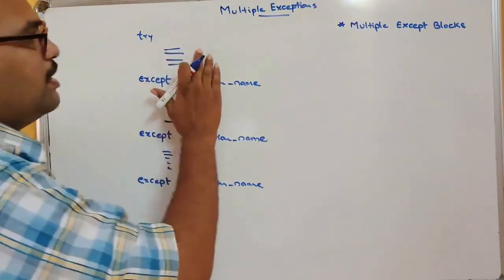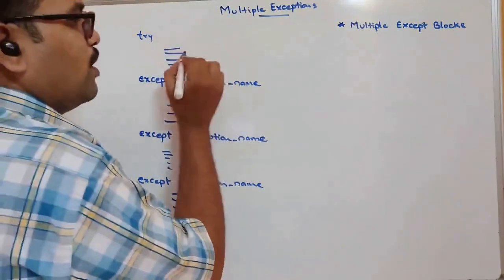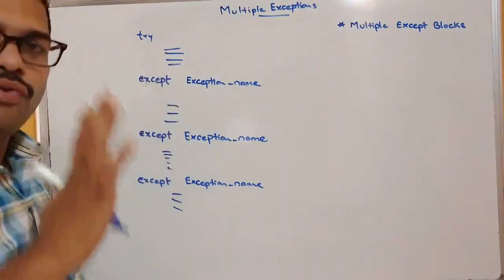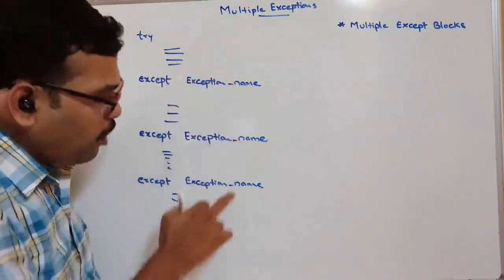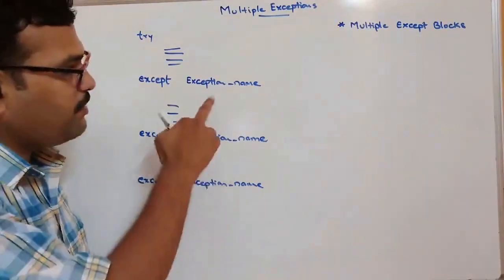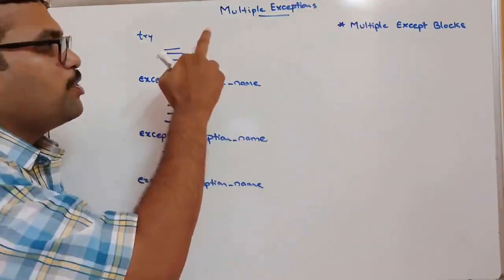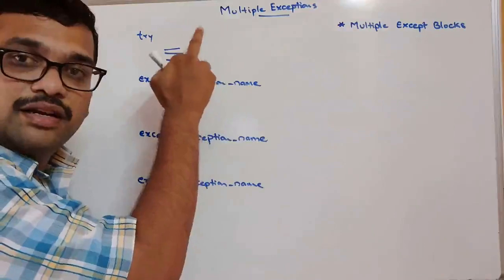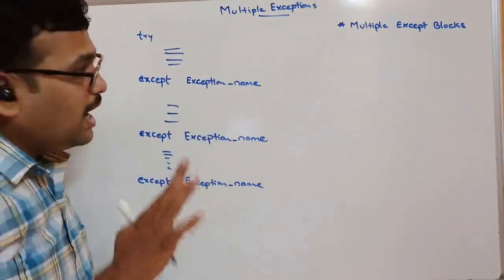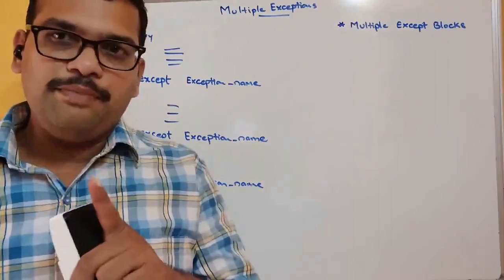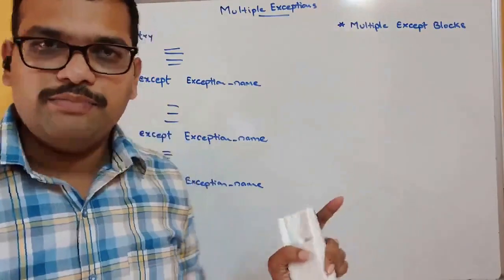If you are writing instructions in the try block, and in these instructions you get any exception, that particular block will be executed. Here we are specifying the exception name, so based upon the exception raised in the statements written in try, that particular block will get executed. Otherwise we can use a single except with multiple exception names.